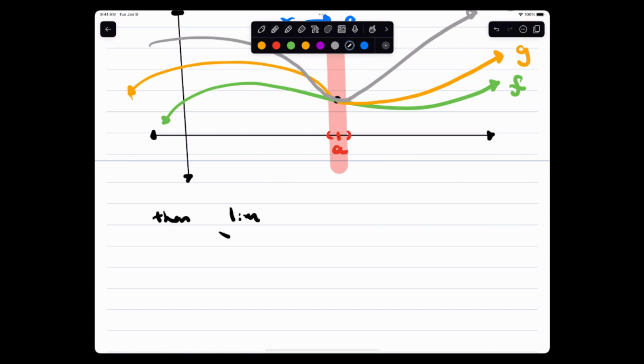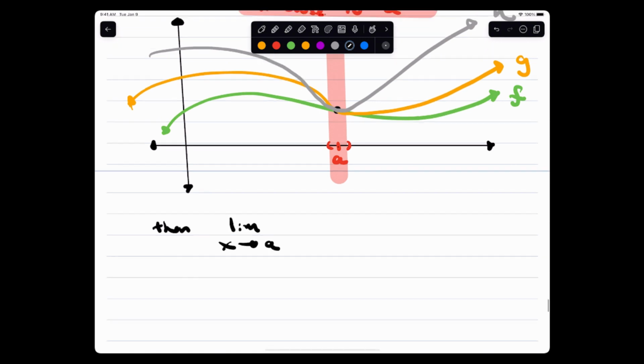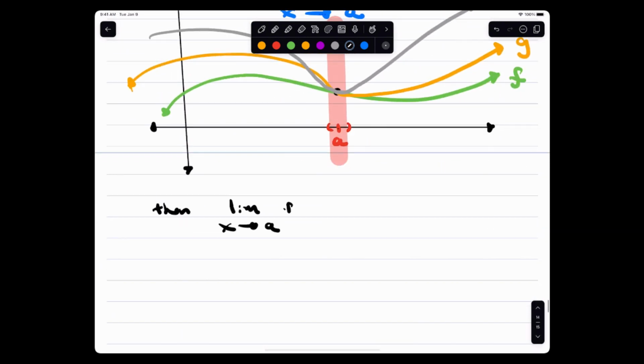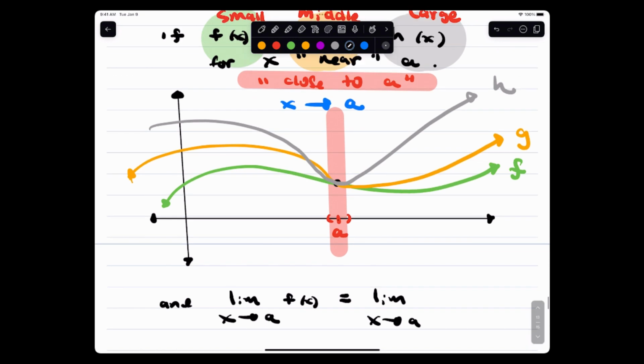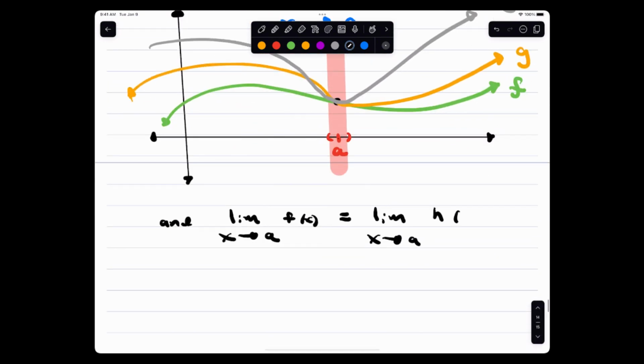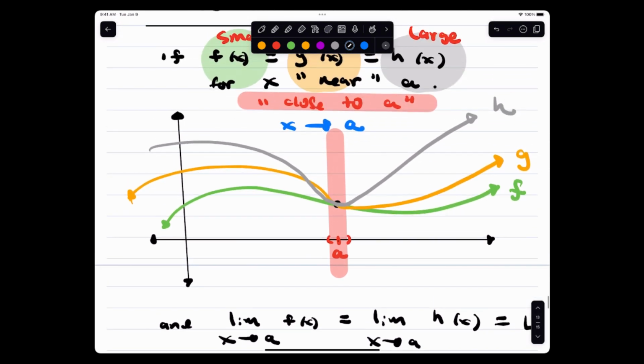The limit as x goes to a for f, and the limit of the smaller function equals the limit of the larger function. I think the larger function is called h. And it exists, it's a finite limit.